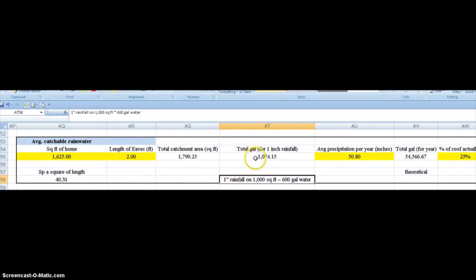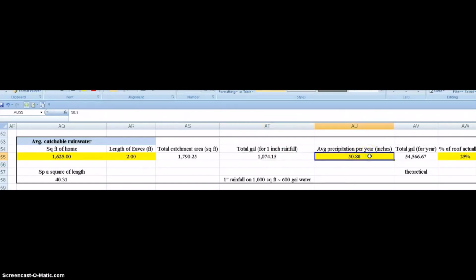I use that to say the total gallons given this catchment area for 1 inch of rainfall is simply my catchment area divided by 1,000 times the 600 gallons. The 1,000 comes from the fact that this 600 gallons is based on 1,000 square feet, so I need to know how many times my catchment area can be divided by 1,000. Just some simple arithmetic here. So if it rains 1 inch, I can expect 1,074 gallons.